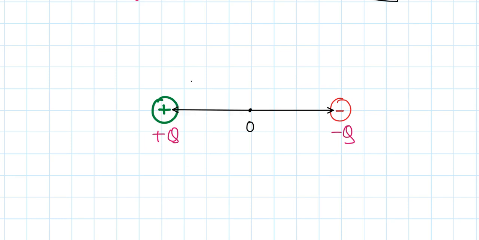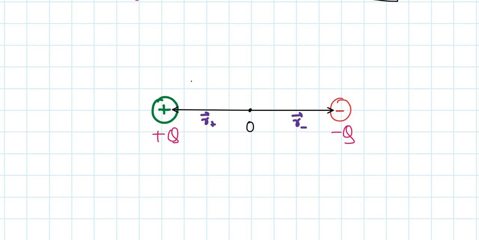So we have some vector towards the negative charge. I can call it vector r minus, and I can call the position of the positive charge r plus.